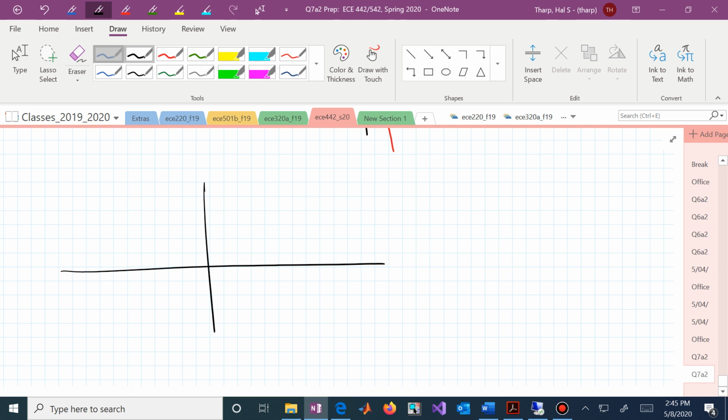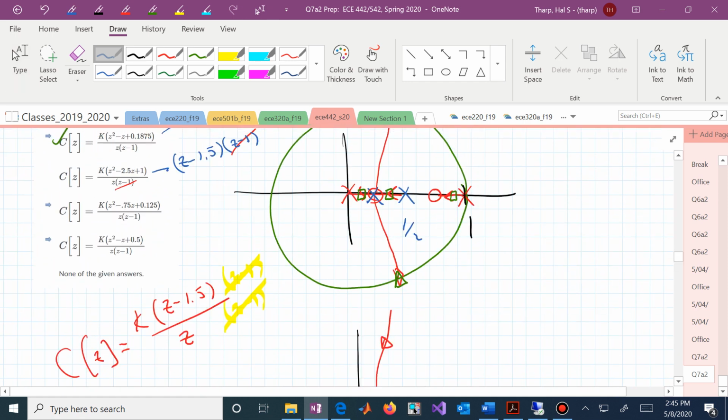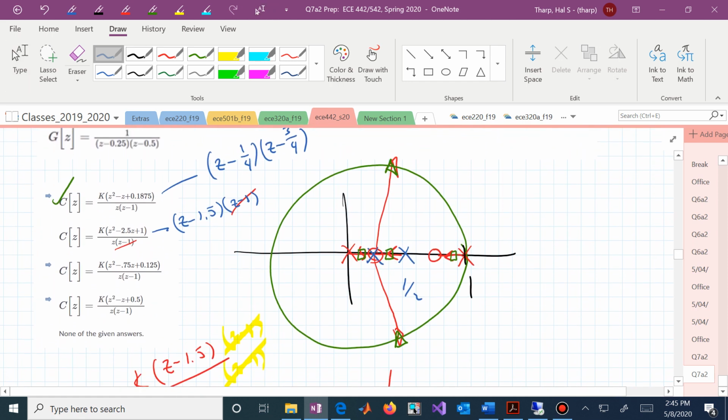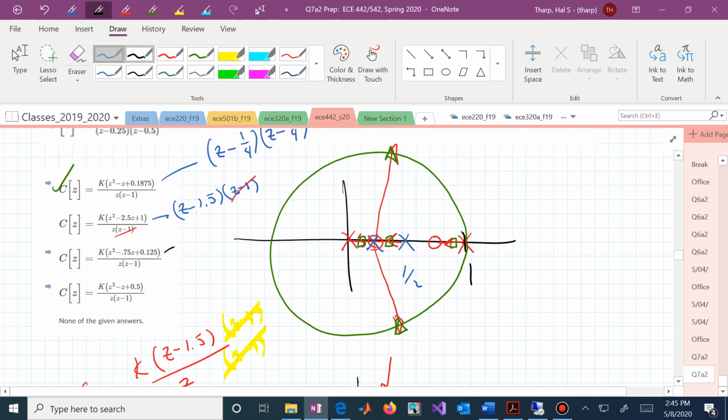The only one that is really not a valid solution is none of the given answers. They're all actually valid in this particular case, but this one now has zeros at 1/4 and 1/2.